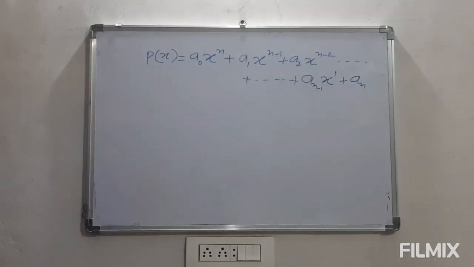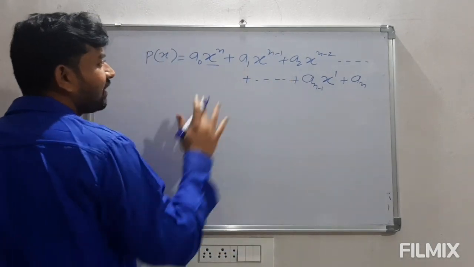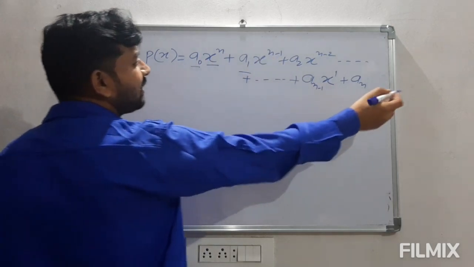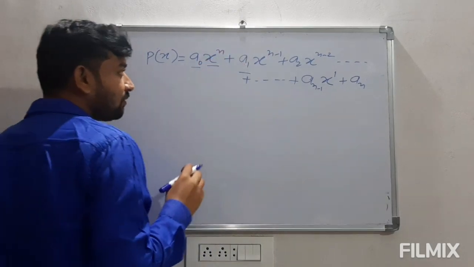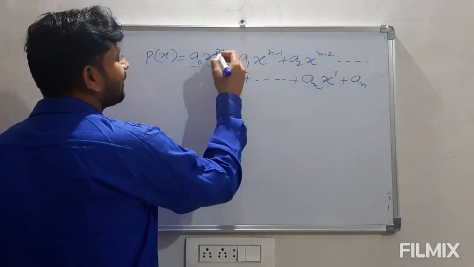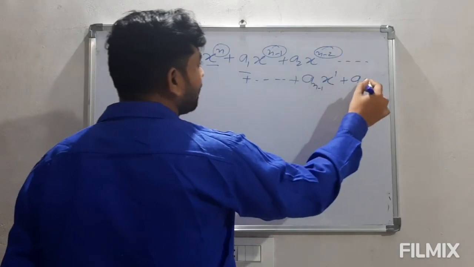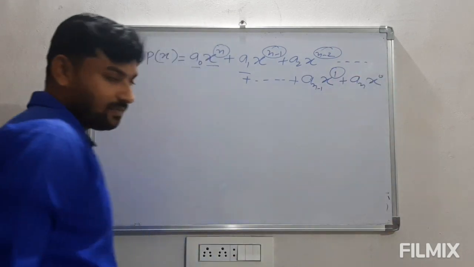So this is an algebraic expression which denotes a polynomial where the variable is only x, and the powers are there. Here a0, a1, a2, a3, an are the coefficients of the respective terms, the powers of x. Here the power of x is n, here it is n minus 1, then n minus 2, and the last is 1, then we have 0.